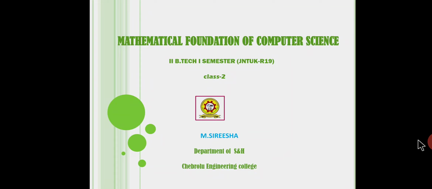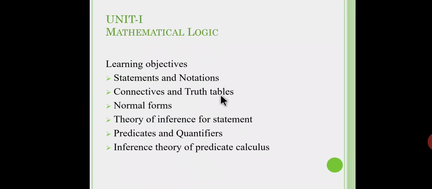In the past video lecture, we learned about what is logic, what is a proposition and its notations, connectives and truth tables. So before going to today's session, a brief explanation about the last video lecture. What is a proposition?